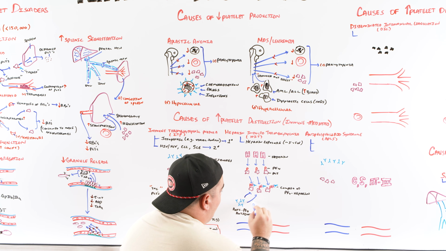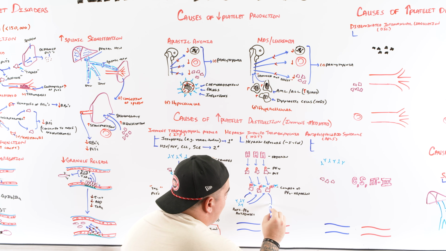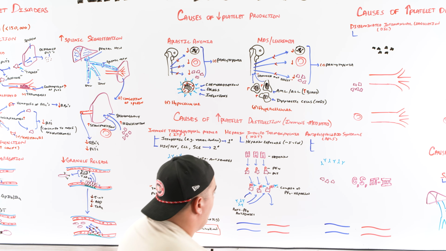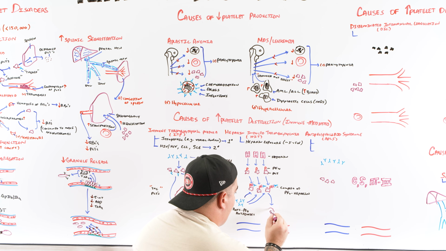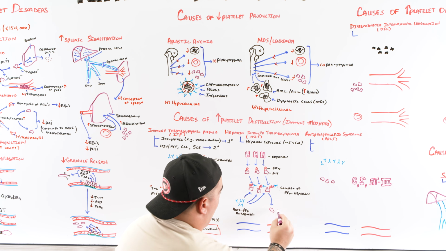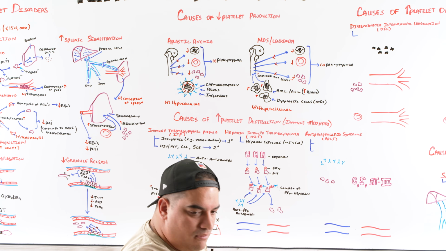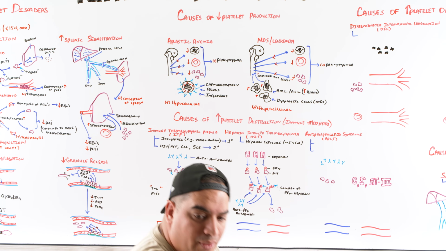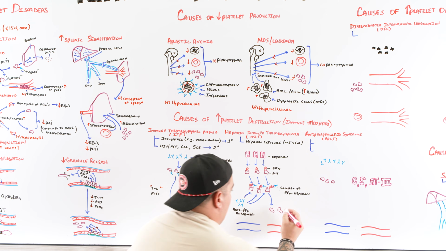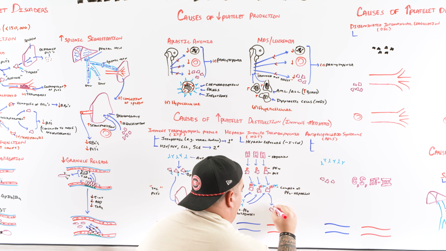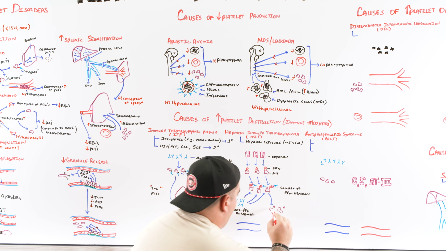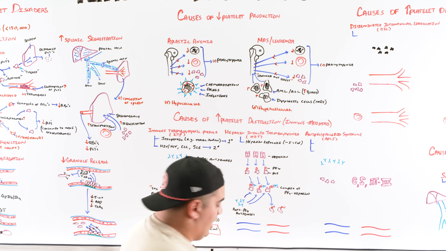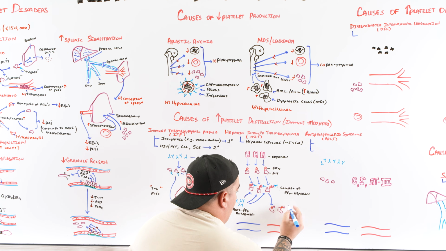And whenever this occurs, these platelets, now that they're activated, start doing something very interesting, where you have the heparin, again, you have the platelet factor 4, and then now you have the autoantibody.